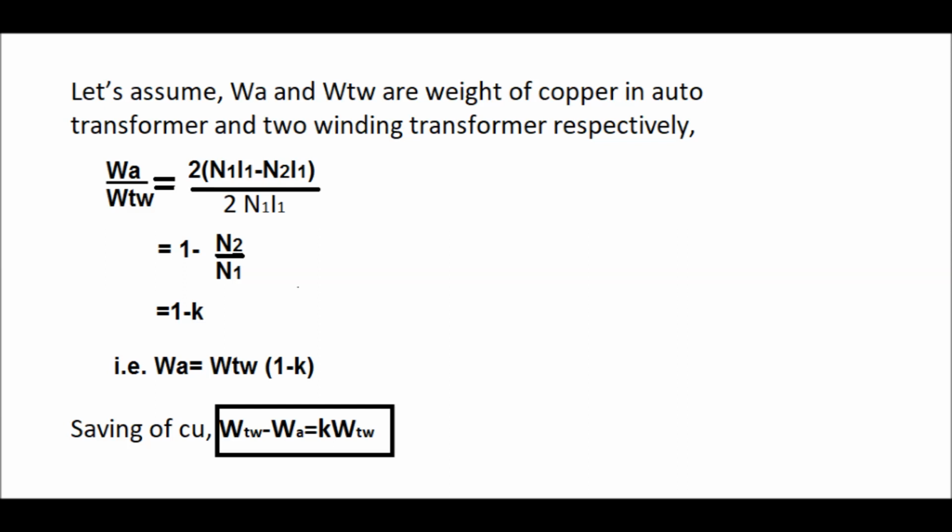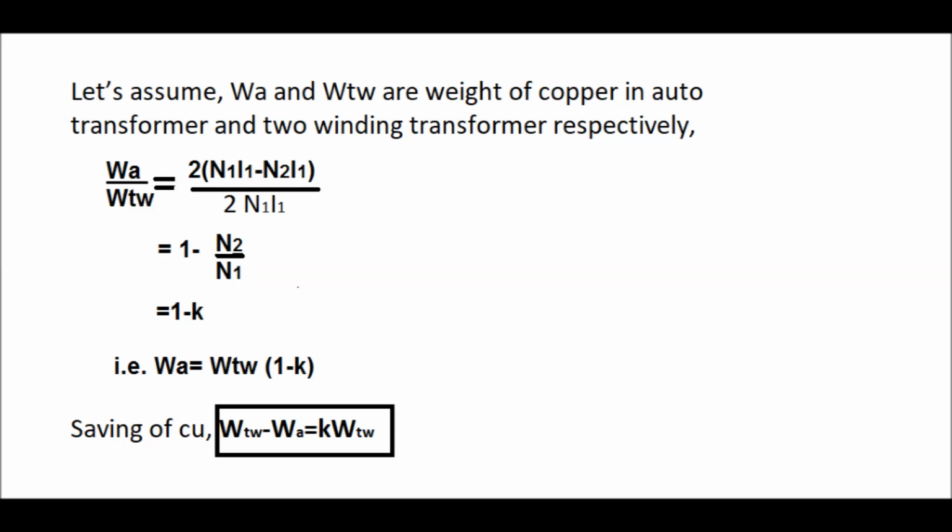Now let us assume WA and WTW are the weight of copper in the auto transformer and the two winding transformer respectively. Then WA by WTW is equal to 2 into (N1 minus N2) into I1 by 2 N1 I1, that is equal to 1 minus N2 by N1, that is equal to 1 minus K. Here K is less than 1, that is K equal to N2 by N1.